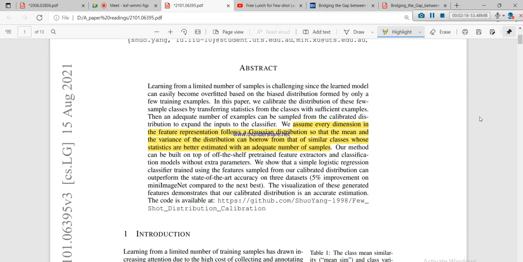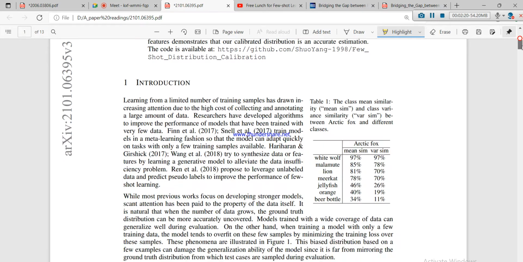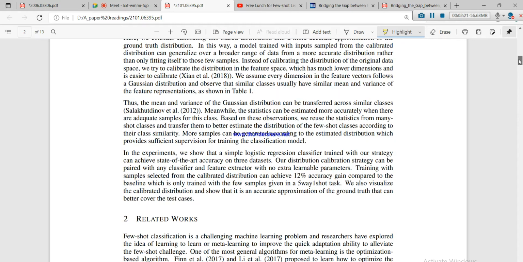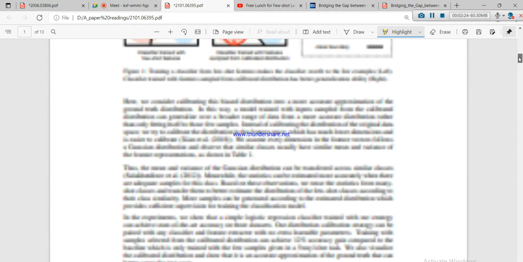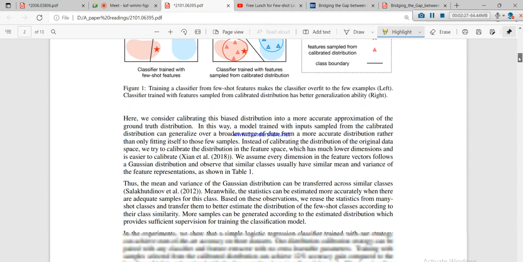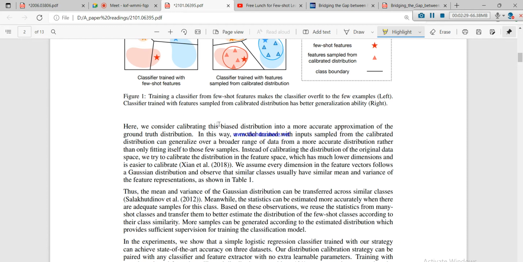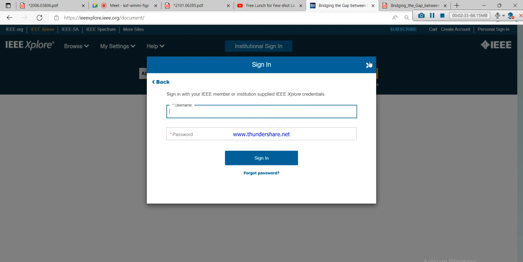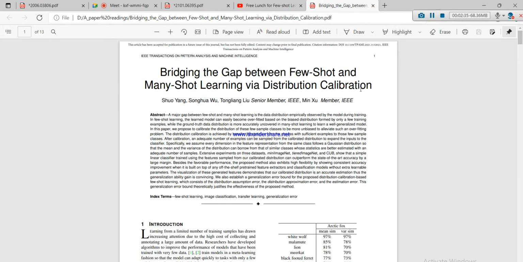So we have seen this paper, but one more thing I got to know is that there is another paper, Bridging the Gap between Few-Shot and Many-Shot Learning via Distribution Calibration.